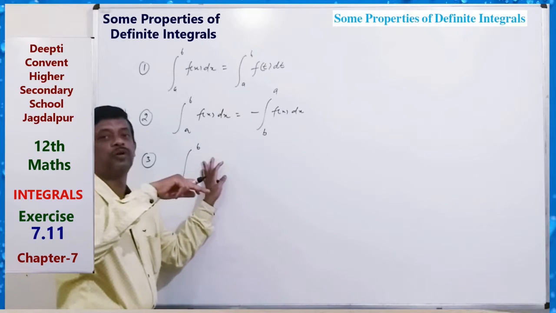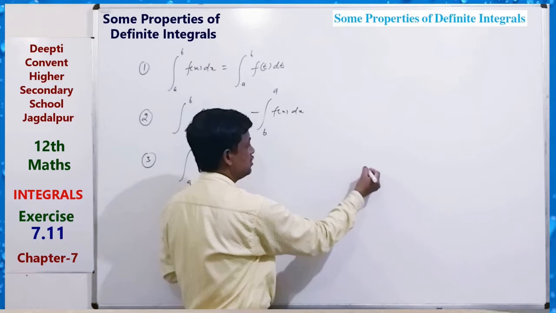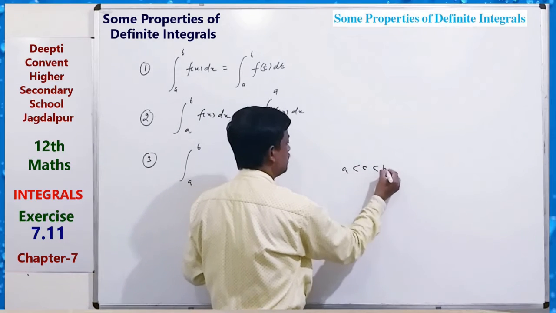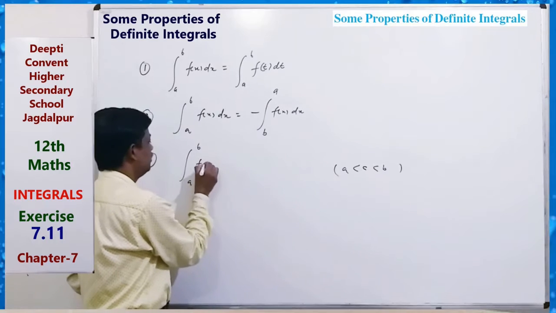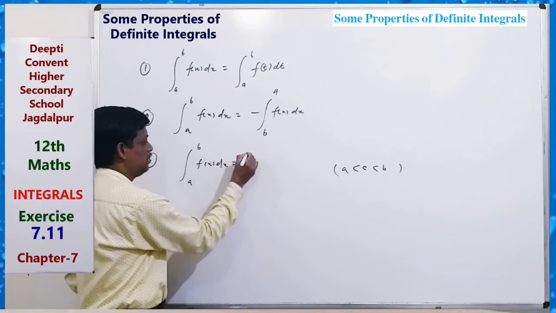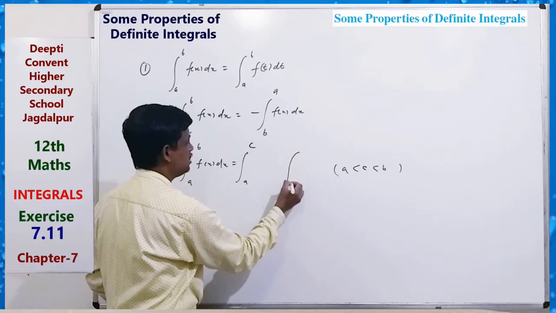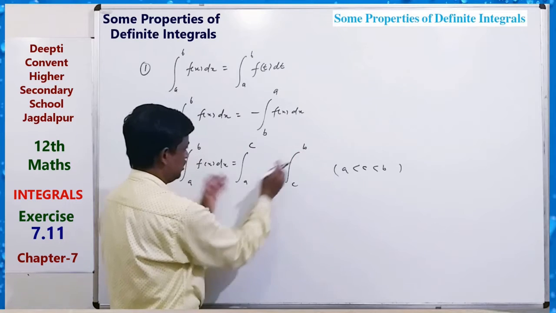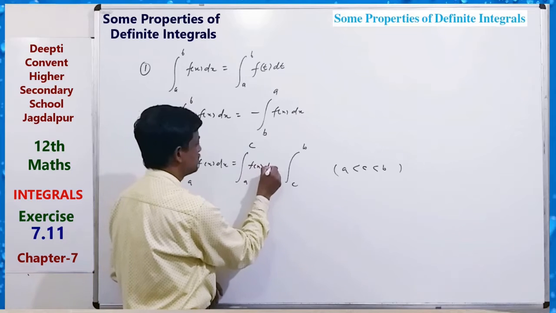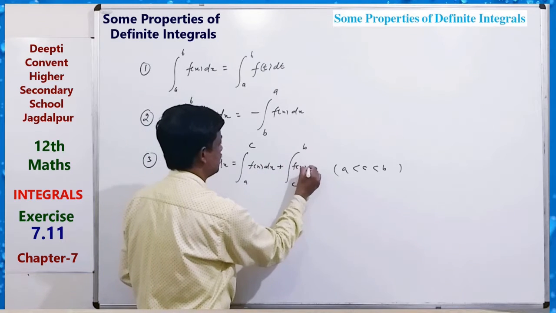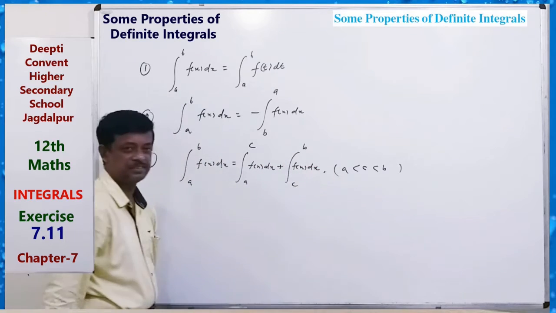In between there is a point c, where c belongs to (a, b). Then we can write the integral as the integral from a to c plus the integral from c to b of f(x) dx. We can do it like this.